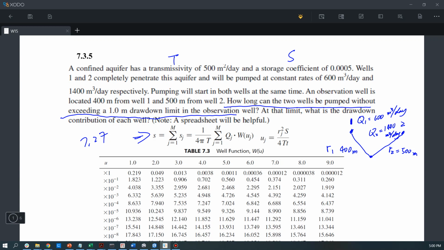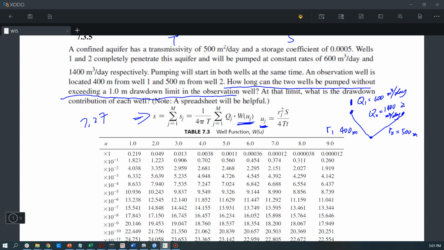To use this equation, we need to evaluate the well function, which is a nonlinear function determined by the coefficient u. Here I will not do the calculation for you, but I will explain the logic and show you the result table, and I hope you can do this on your own Excel worksheet.